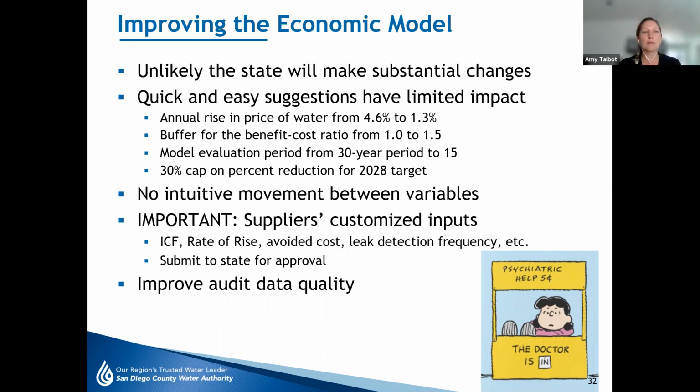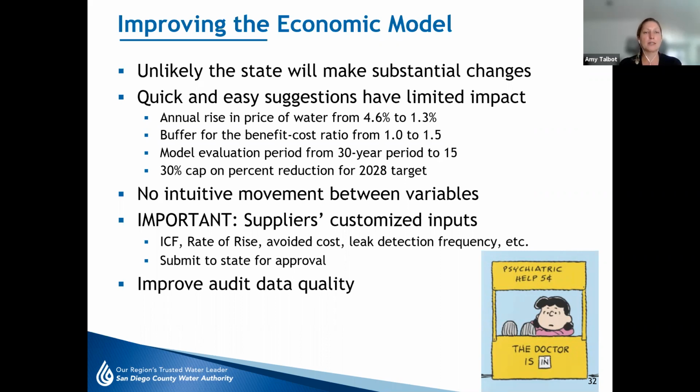But we have come up with some quick and somewhat easy suggestions to provide to the state, saying, hey, maybe you can't do a complete overhaul, but maybe you can do a couple of things and maybe have more limited impact, but at least it's something. So we've listed a couple of things here that we're trying out.